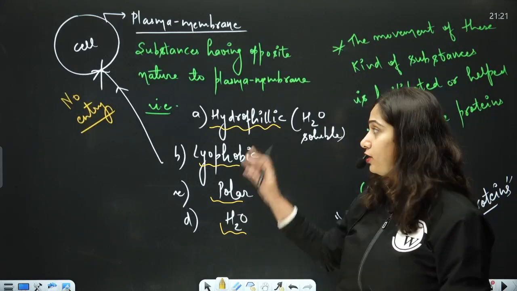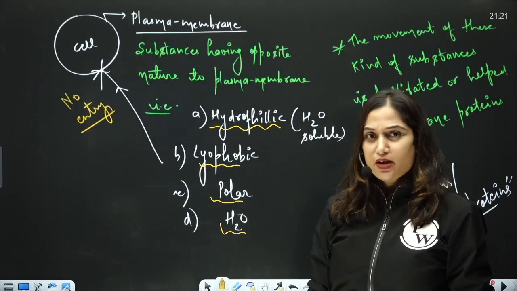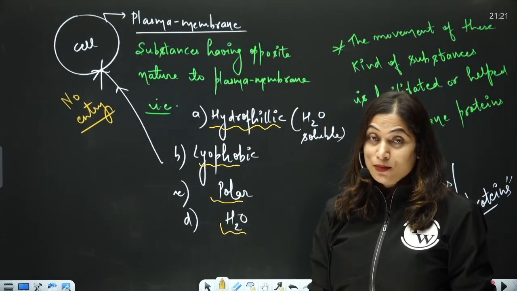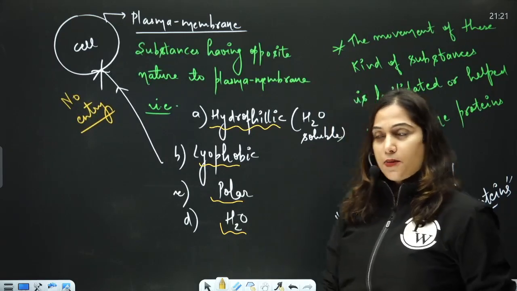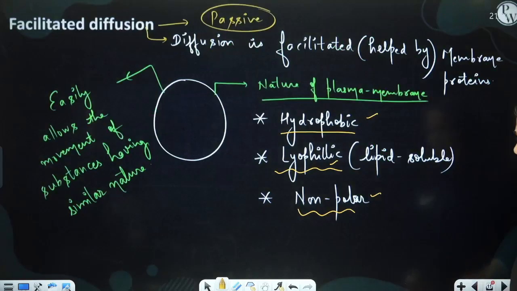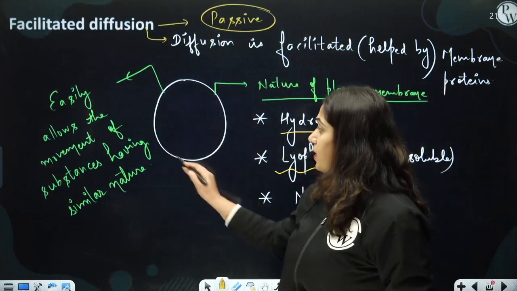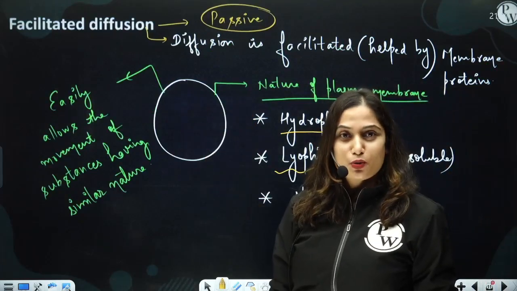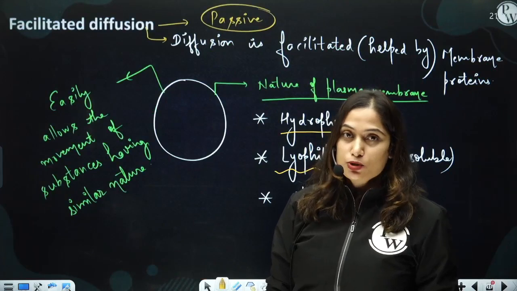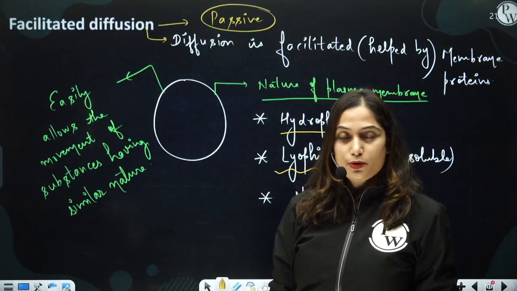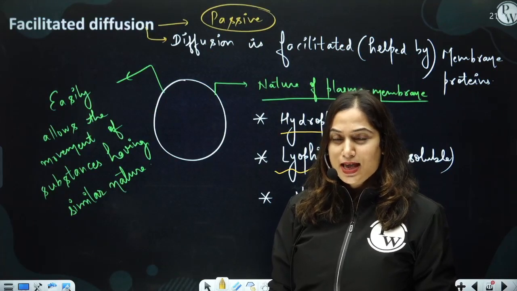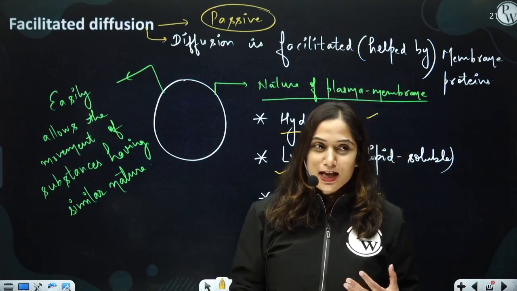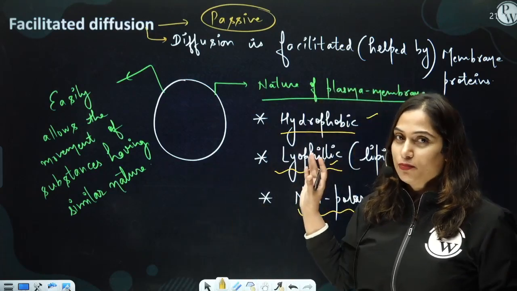So what will happen to these kind of molecules? Will they never be able to enter into the cell? So in this case, in the plasma membrane, there are certain proteins which are present, and those proteins are called channel proteins or carrier proteins. These kind of proteins come to the rescue for these kind of molecules.